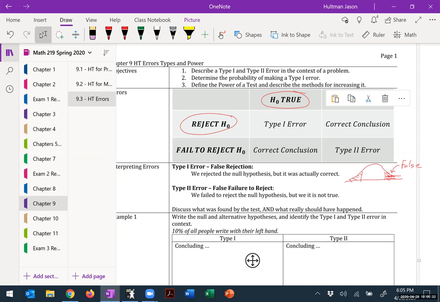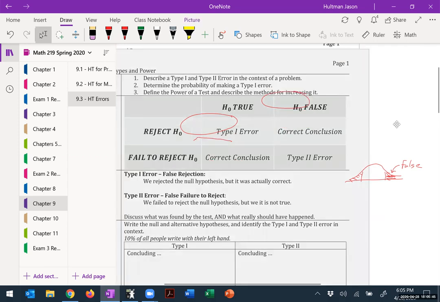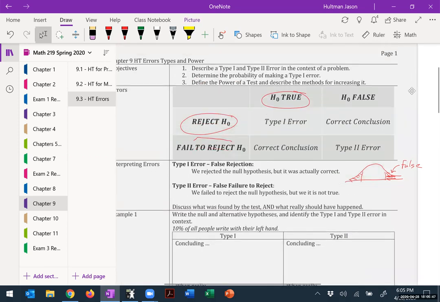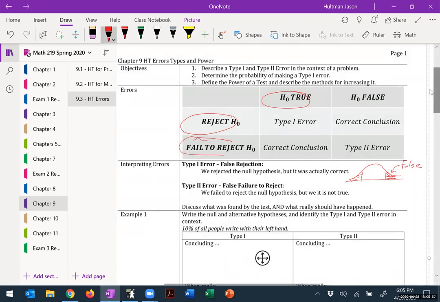The other type of error is that we fail to reject the null when it actually is false. The null was actually false.